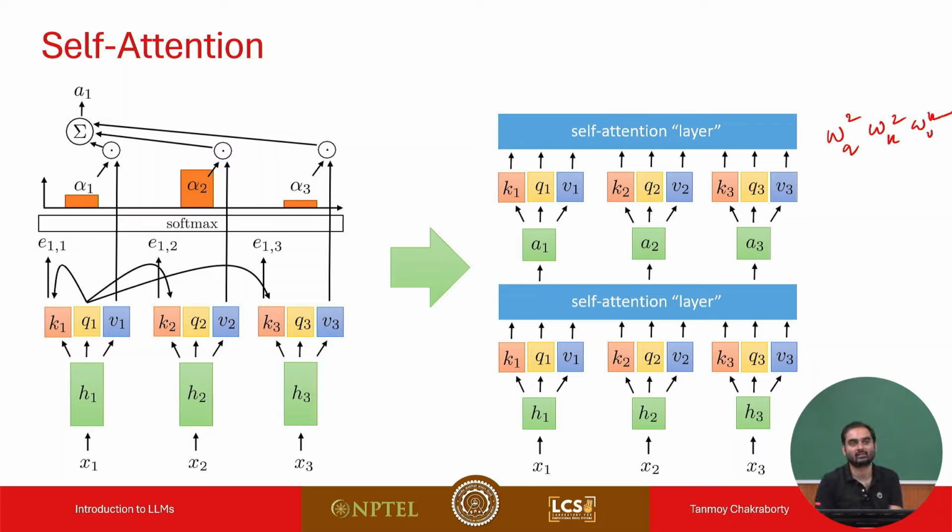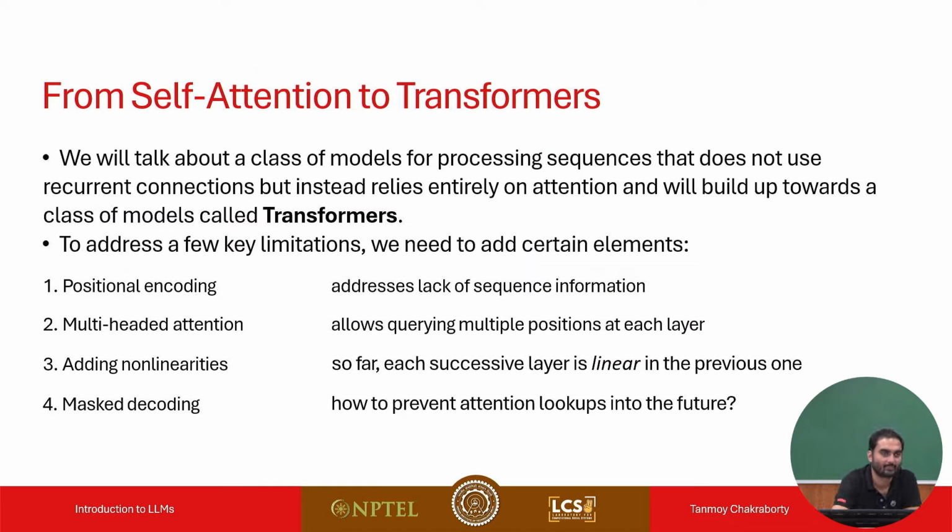These matrices are not shared across layers. Matrices are shared across tokens, but not across layers. So as you have access to larger and larger datasets, you keep on stacking the self attention layers one by one, and you keep repeating this.